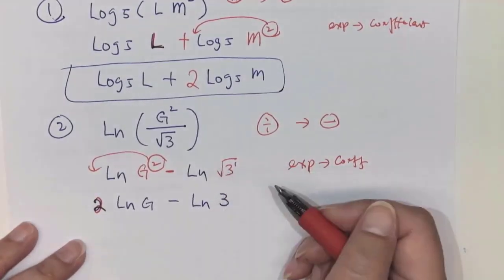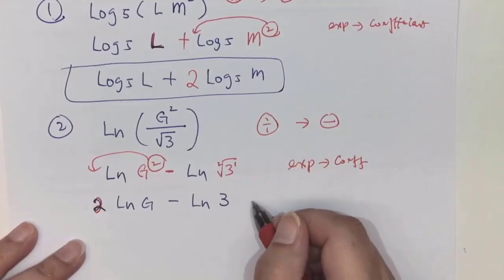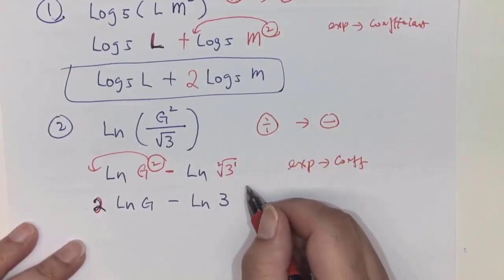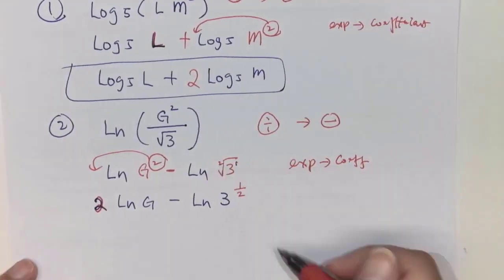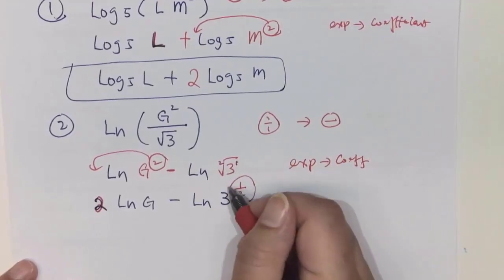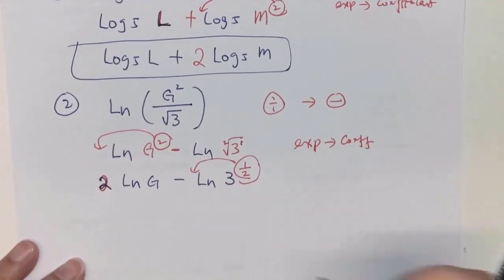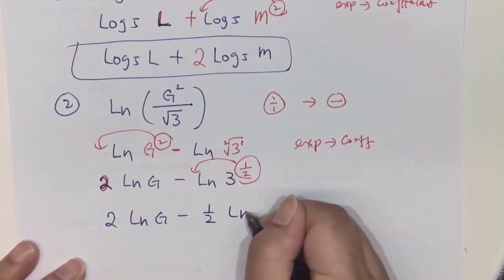The root number is 2, which is understood, right? So this exponent is going to be 1 over 2. That's the power part, that's the root number, right? This is also an exponent, so it needs to become a coefficient also. This is going to be 2 ln of g minus 1/2 ln of 3.